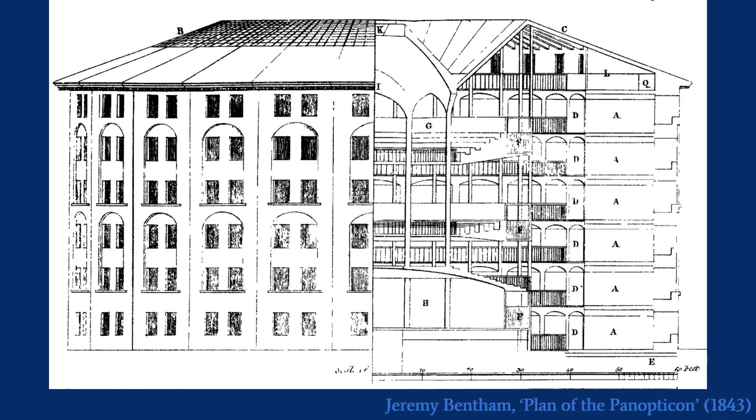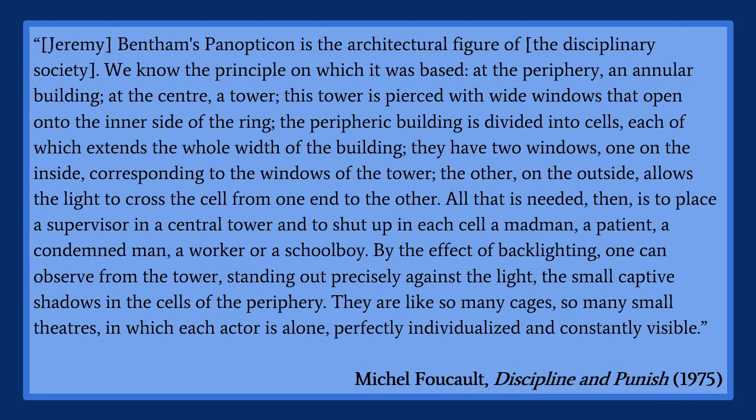This is a plan that the English philosopher Jeremy Bentham, who was interested in utilitarianism, so making everything as efficient as possible, discusses as a potential way of organising a prison. He didn't build this, but he discusses it as a potential method of building a prison. And Foucault thinks that this is very important to understanding the disciplinary society.